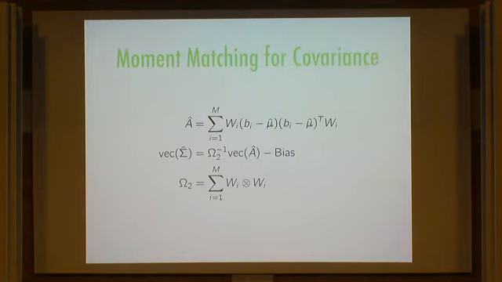And for the sigma, things get a little hairier. You use a weighted covariance, like a weighted sum of outer products. There's still an equation relating the expectation of this quantity to sigma. It involves some Kroneckers and so on, but doing a similar moment matching trick, you can get an unbiased estimate for sigma.